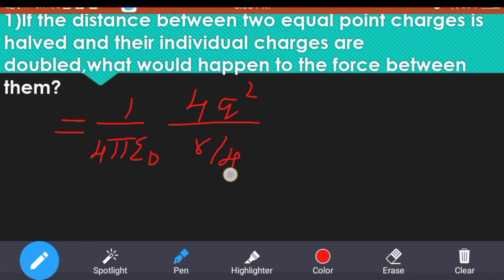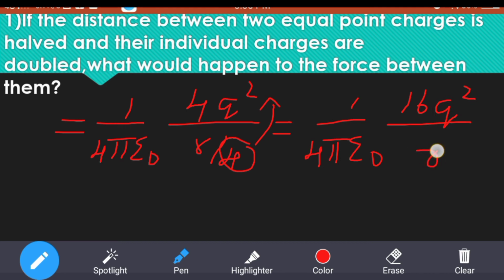The 4 in the denominator goes to the numerator, giving 16 q square upon r square. Taking 16 as common, the remaining is 1 by 4 pi epsilon naught q square upon r square.